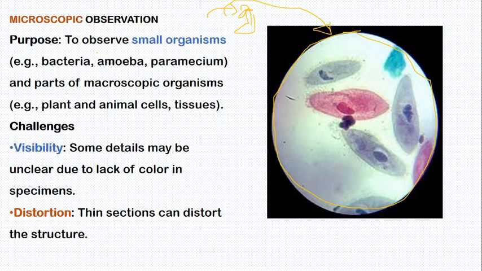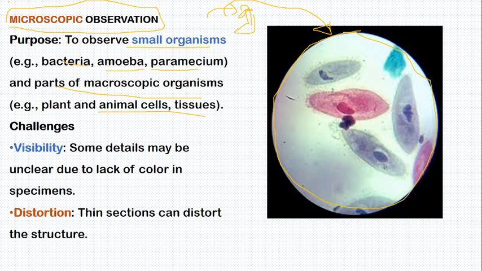Means there is what you call microscopic observation. To observe with a microscope, the objective is to observe small organisms like bacteria, amoeba, paramecium, and parts of microscopic organisms like plant or animal cells or other things.